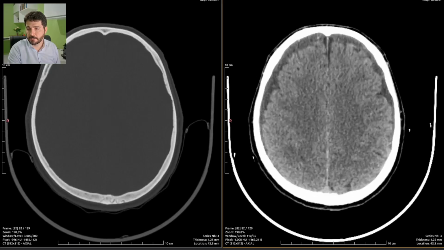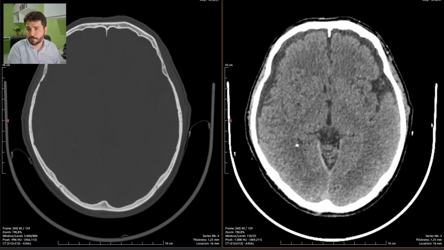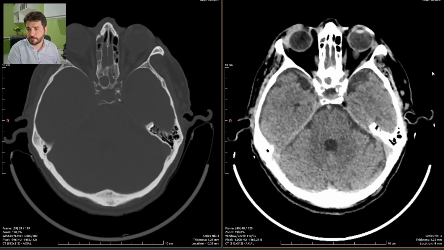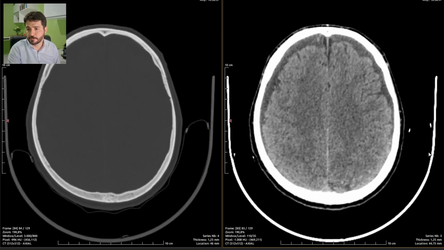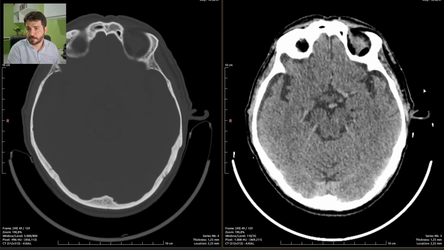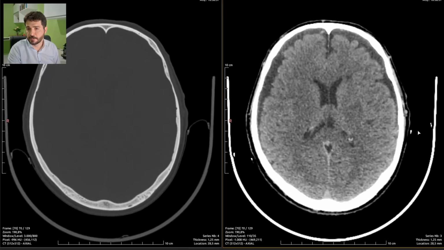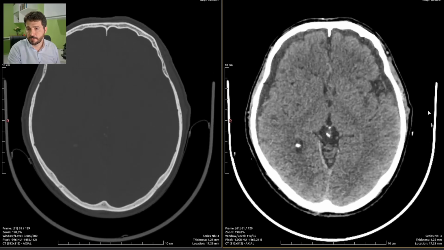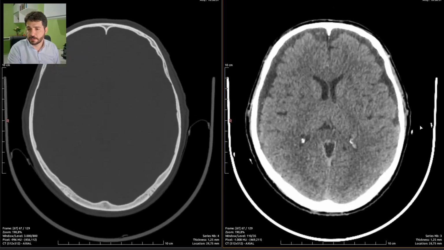This is probably subdural chronic hematoma or a hygroma, which is a chronic fluid collection that no one knows where it came from. So in practice it's the same, and we might just say it on the report.